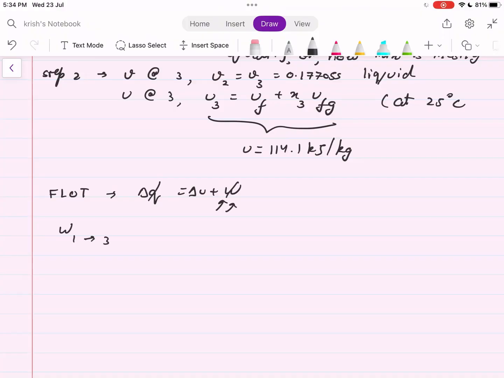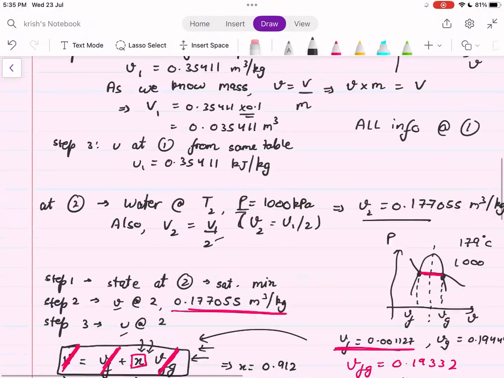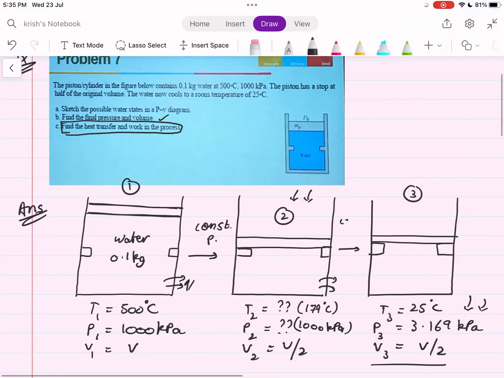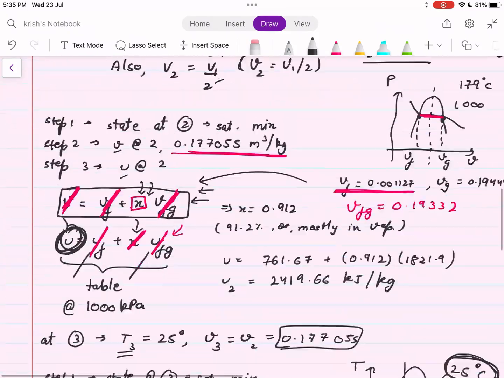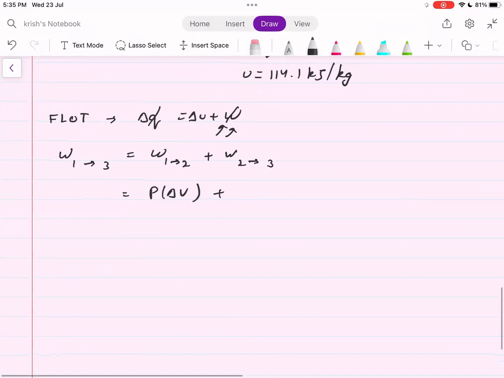W from 1 to 3 is W from 1 to 2 plus W from 2 to 3, right? W from 1 to 2 was a constant pressure process, so P delta V. W from 2 to 3 was a constant volume process. If you see carefully, the volume here is not changing, because the piston is still at rest on both the stops in both the states, plus 0.